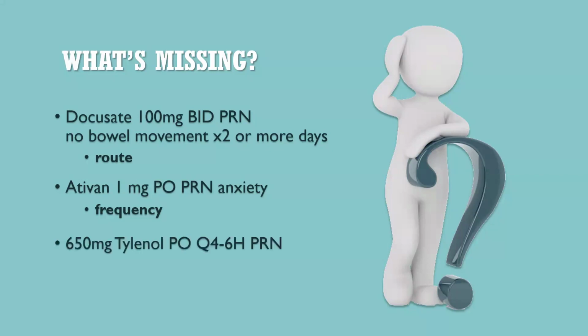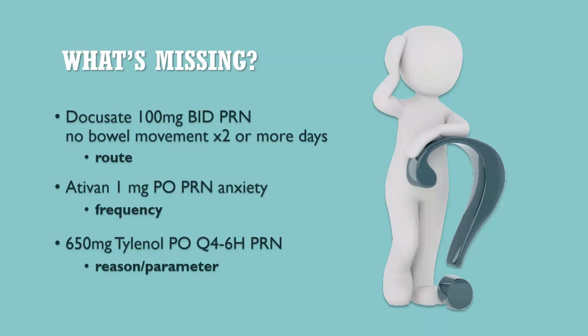And here's one more. It's for 650 milligrams of Tylenol orally every 4 to 6 hours as needed. All right, and the reason or parameter is missing from this one.